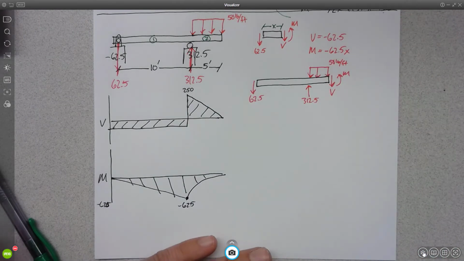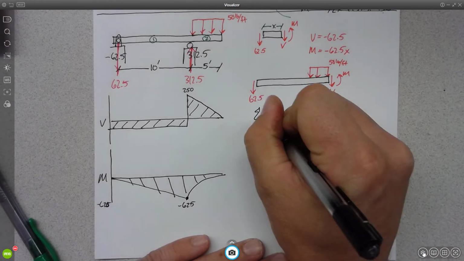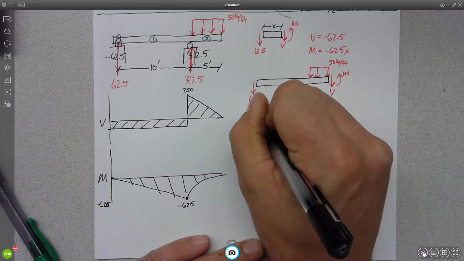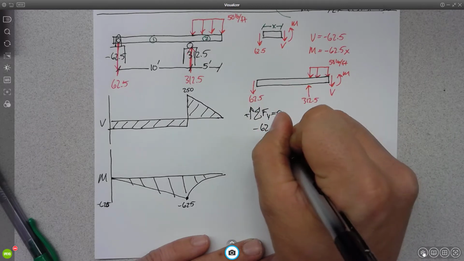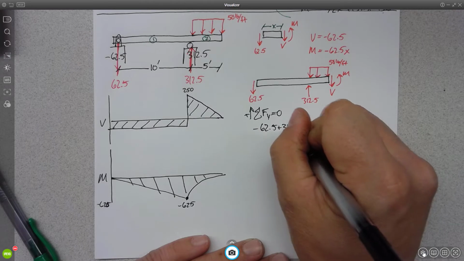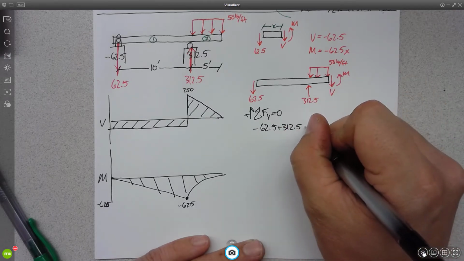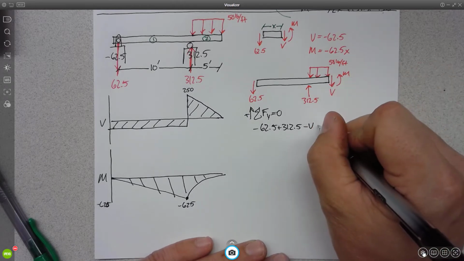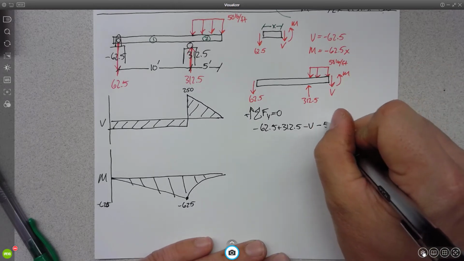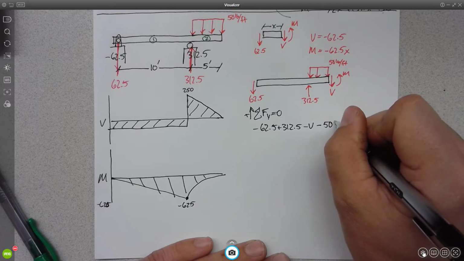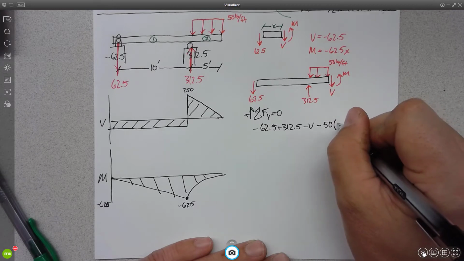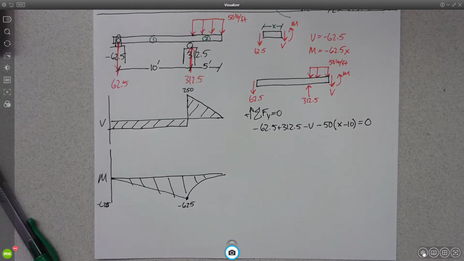Right? So let's sum the forces in the y direction. Hopefully your equation looks something like that.